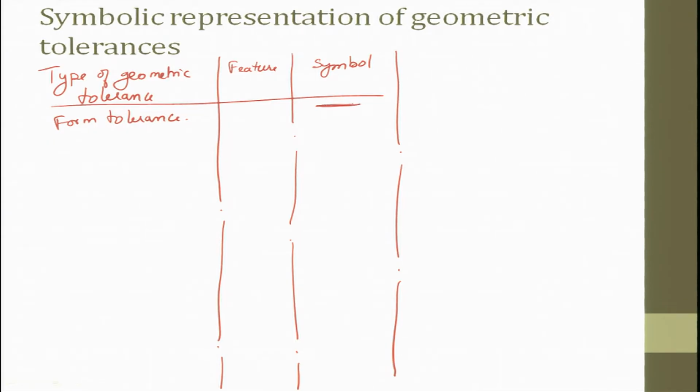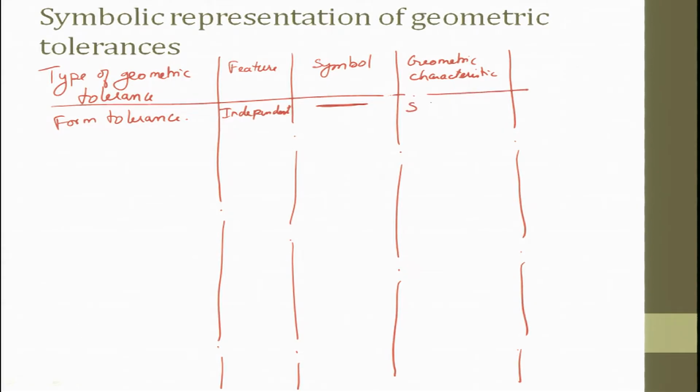So, this is the feature. The feature is either independent or dependent on the other. So, it is independent. The geometric characteristics are it is called straightness, S-T-R-A-I-G-H-T, straightness, right.